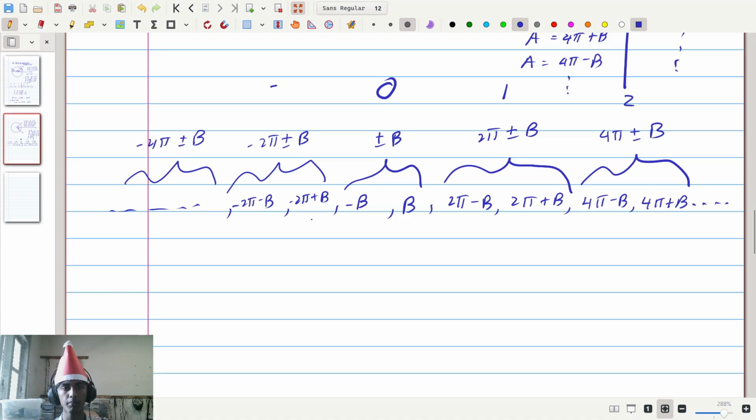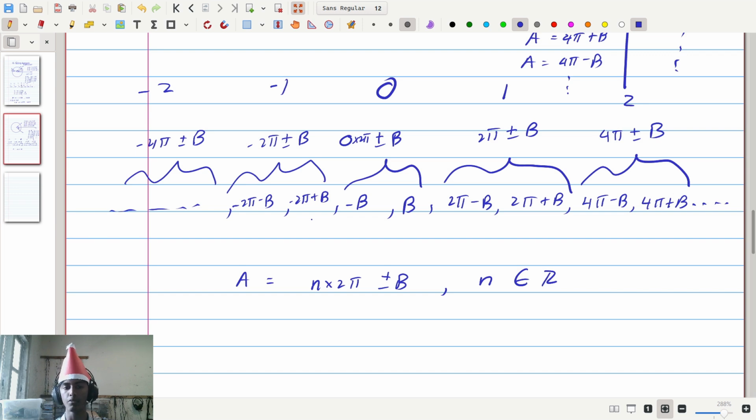This could be the negative first term, the negative second term, and so on. If we write this as a common formula, here we have 0 times 2 pi, and we have n times 2 pi plus or minus b as possible solutions for A, where n is an integer.